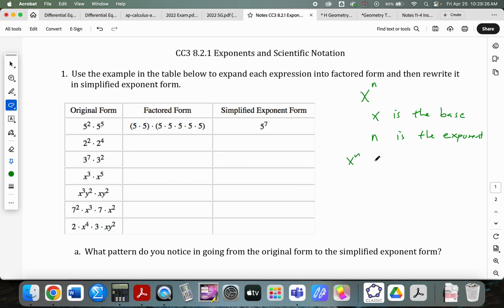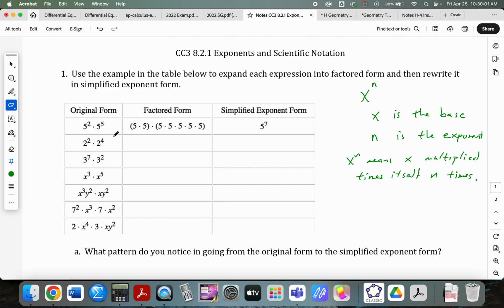And x to the nth means x multiplied times itself n times. Hopefully that's stuff you already knew, but just in case you didn't. So we're going to talk about simplifying with exponents, and we're also going to talk about scientific notation.